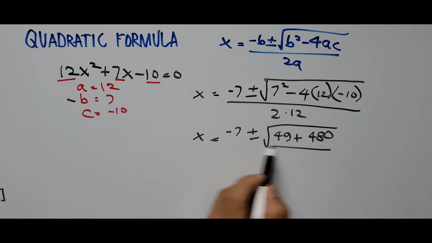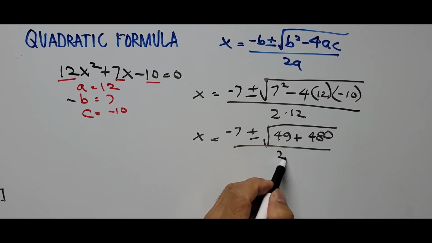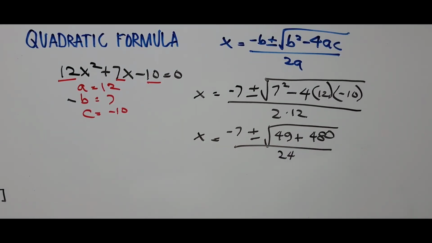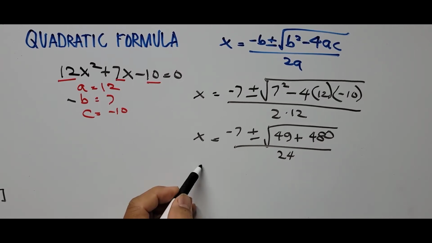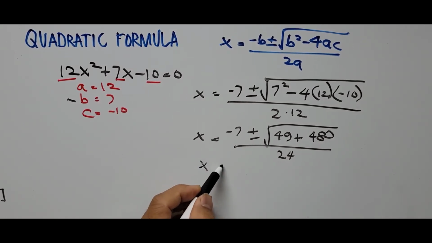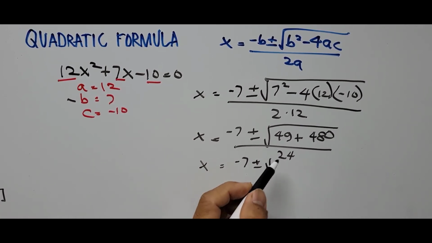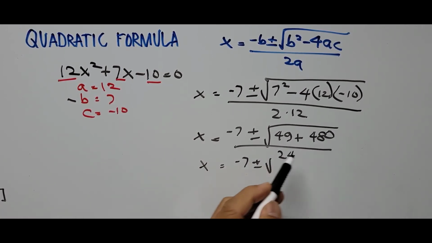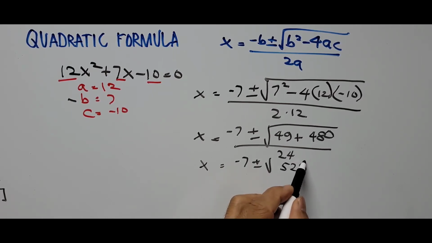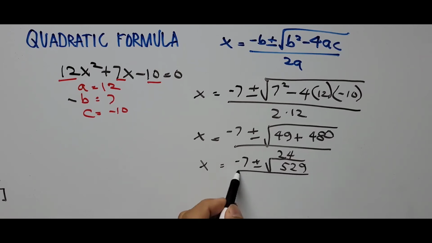Square root, divided by 2 times 12 is 24. Okay, so let's keep going. So x is equal to -7 plus or minus the square root of 49 plus 480. That is 529 divided by 24.